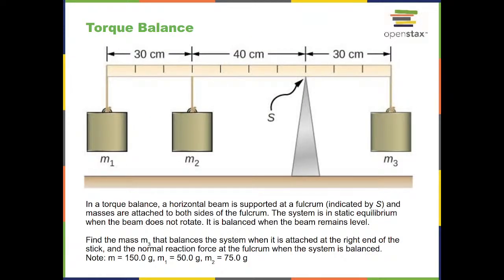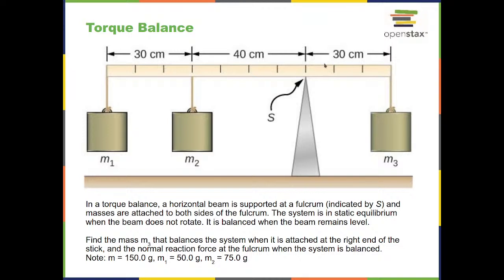So we looked at one example last time. We're going to look at a second example now, which is a typical example of the torque balance. It's a meter stick, which is 1 meter long. If this was actually in class, we could demonstrate this as a demo, but that's more difficult and doesn't work as well online.